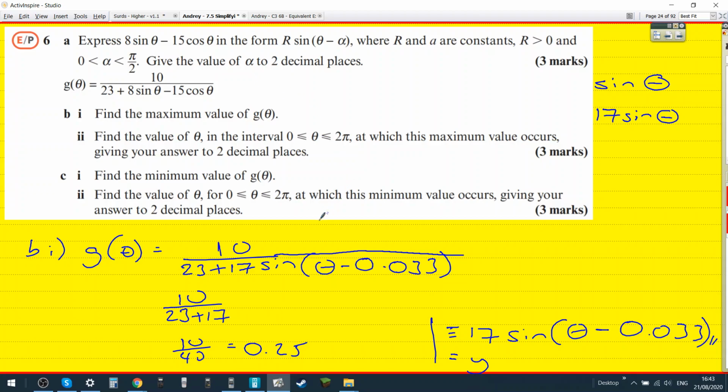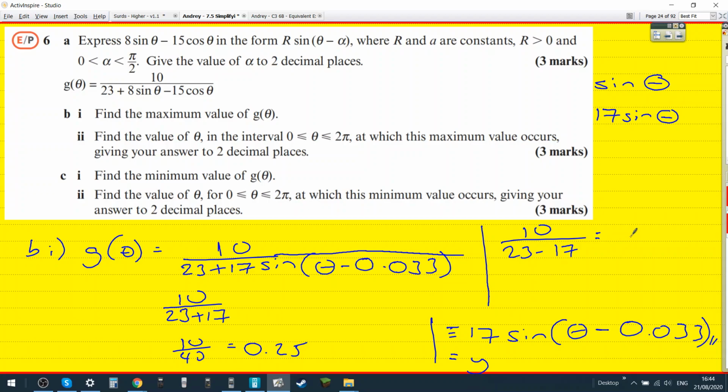So what is the minimum of 17 sine theta? Minus 17. So what would this be if you did minus 17? 10 over 23 minus 17.